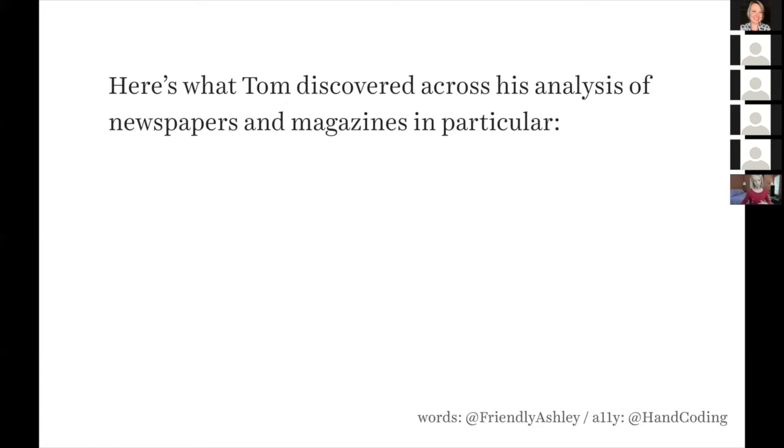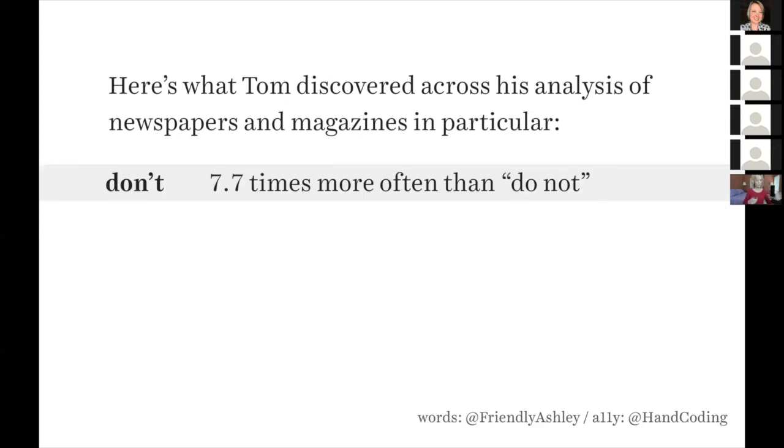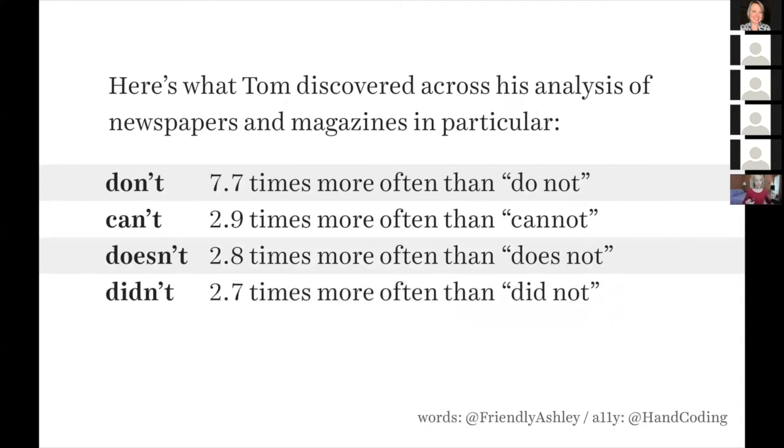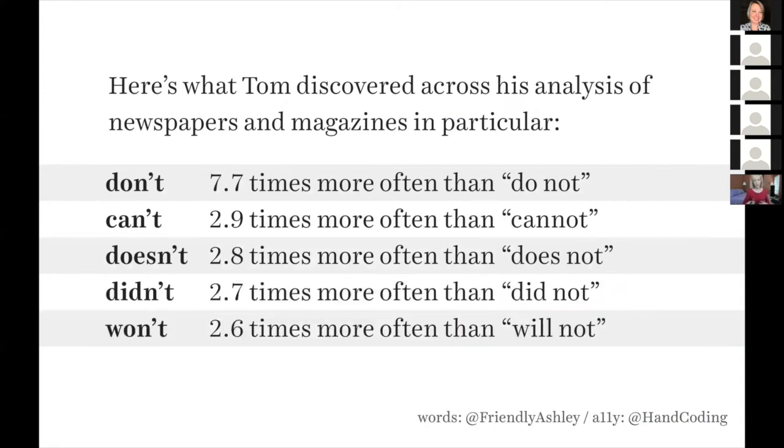And when he looked at how they were used in sources like the New York Times, the San Francisco Chronicle, Time Magazine, what he discovered is that "don't" is used almost 7 times more often than "do not." He discovered that "can't" is used almost 3 times more often than "cannot." He also found that "doesn't," "didn't," and "won't" are each used almost 3 times more often than their non-contraction forms. And these are within major newspapers, major magazines.